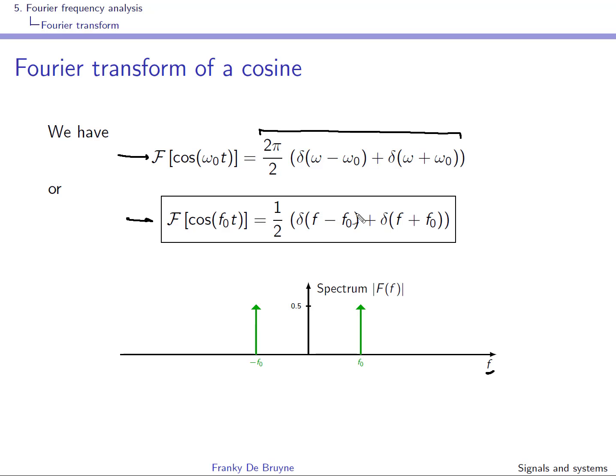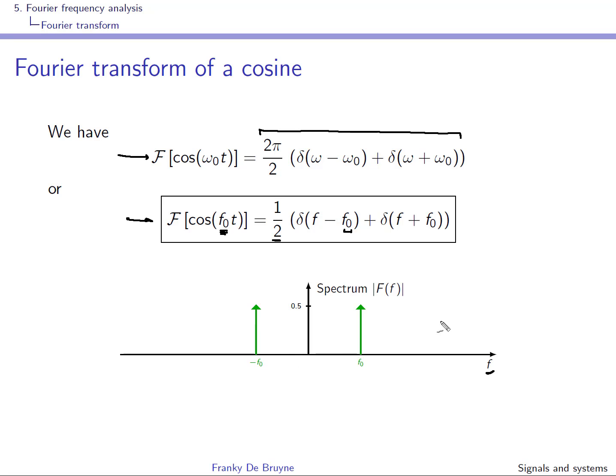What you see here is that the Fourier transform of a cosine at frequency f0 is the sum of two deltas of amplitude a half, one located at f0 and another one located at minus f0.